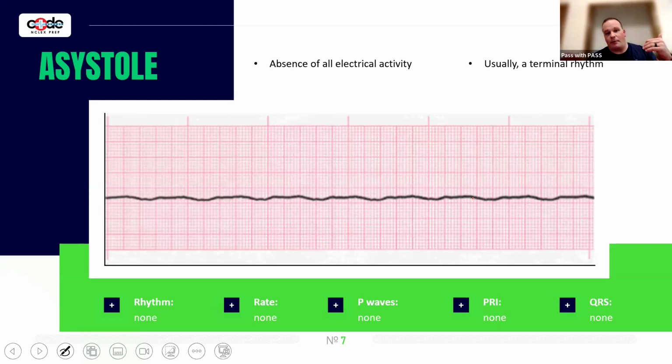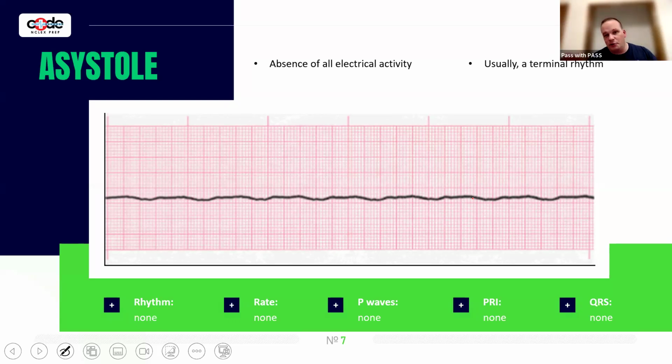Okay. So I mentioned a few minutes ago that VFib and pulseless VTAC is really what we hope to see in a cardiac arrest patient, because it gives us the best chance of resuscitation and a little glimmer of hope that we have some more interventions we can do for those patients. Well, asystole is really the opposite of that. When we see that, it can be a little discouraging because we can't do as much for asystole as we can for VFib and pulseless VTAC.